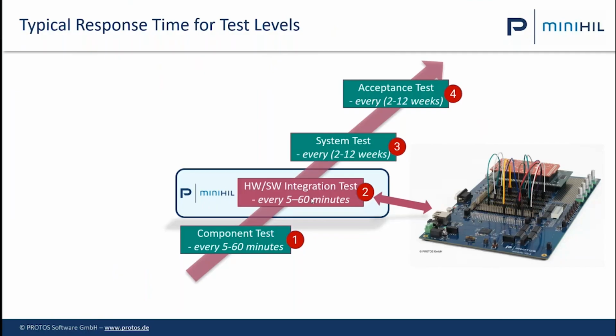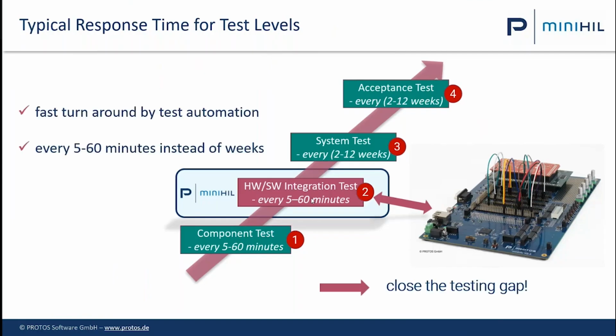So a usual test is a couple of minutes. If it's a slower system, maybe a couple of hours, but you can trigger this on every commit. So we have very fast turnarounds by automation, and you can run this within a couple of minutes instead of weeks, and we close the testing gap.